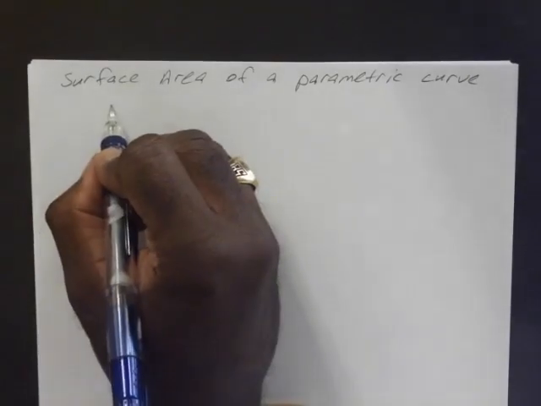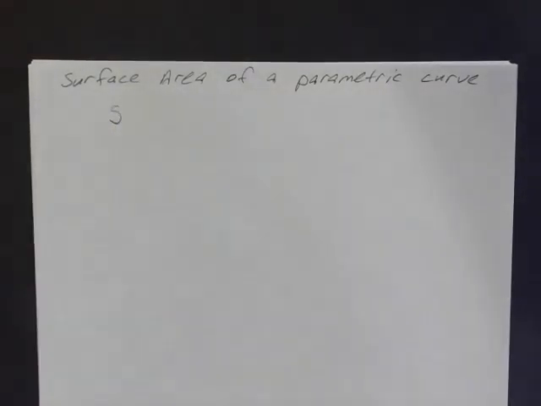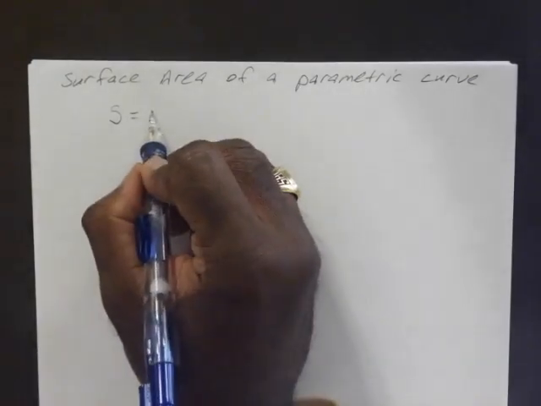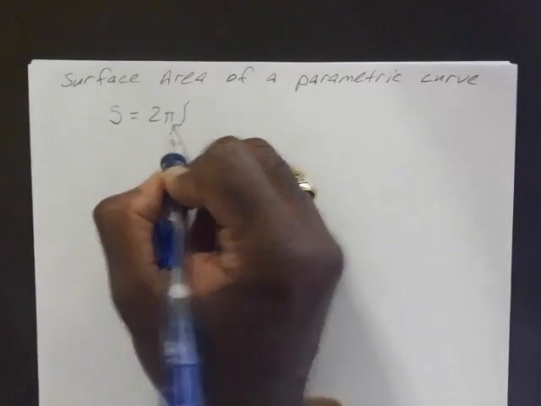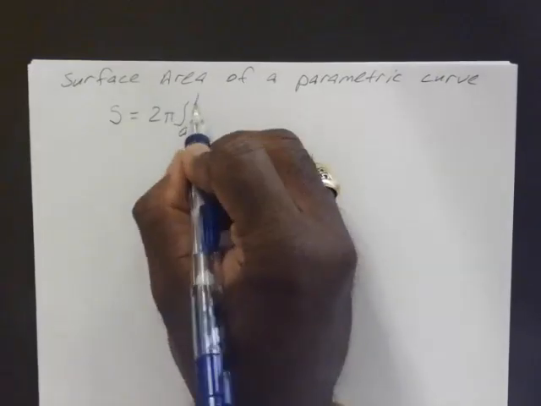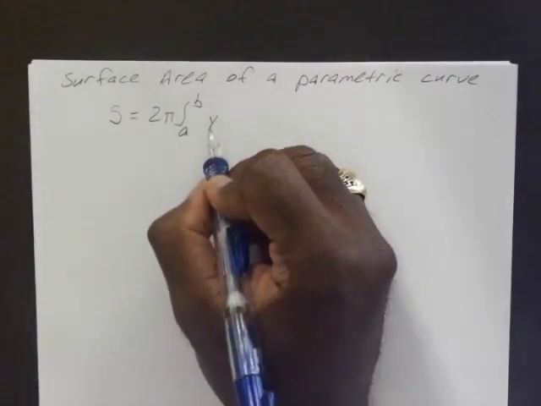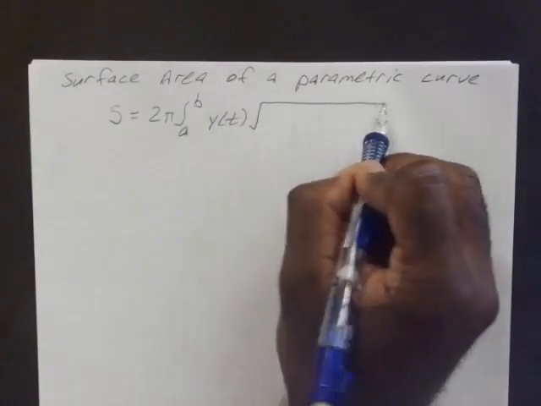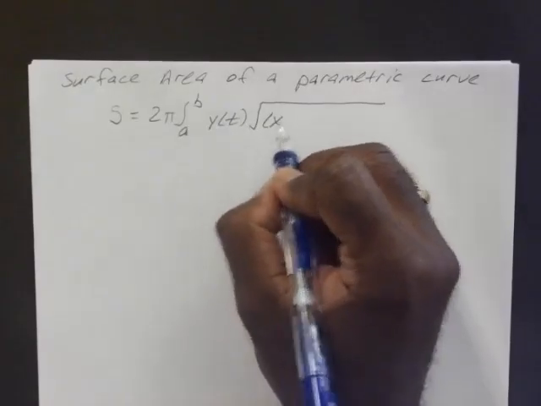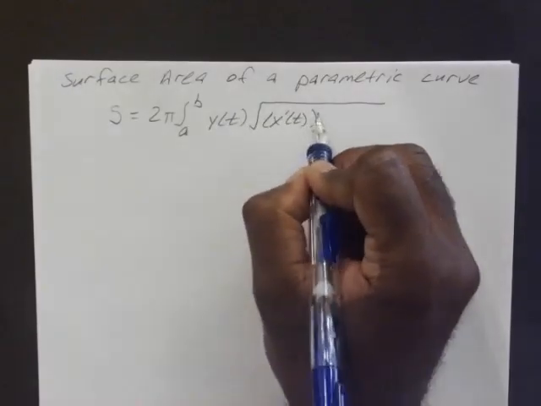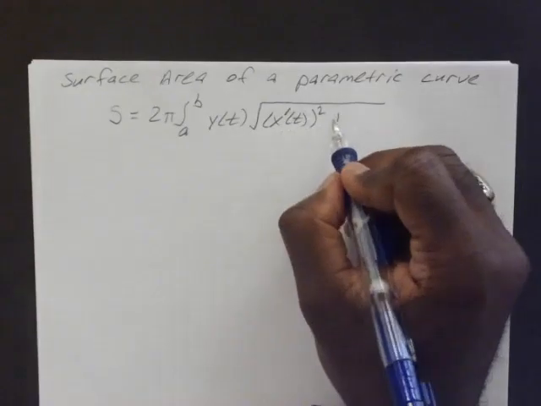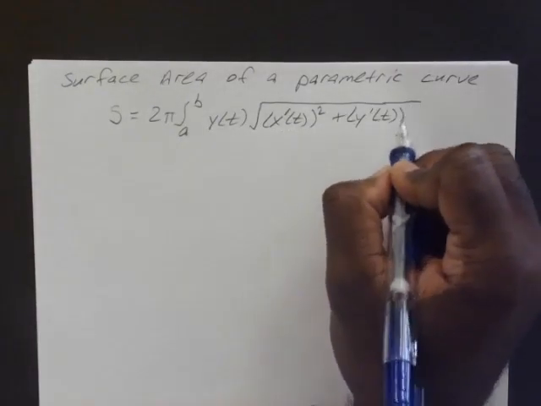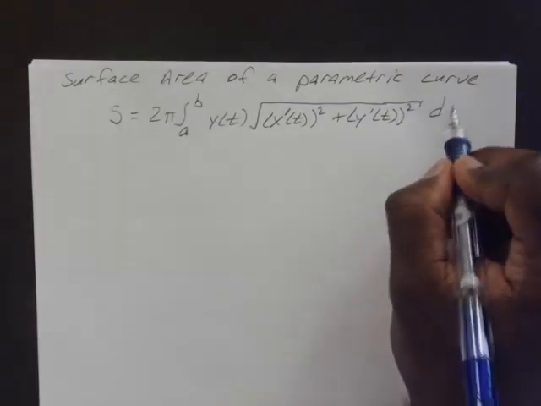Okay, so the surface area is usually denoted by an S, and that's equal to 2 pi times the integral from a to b of your function y of t times the square root of x prime of t squared plus y prime of t squared with respect to t.